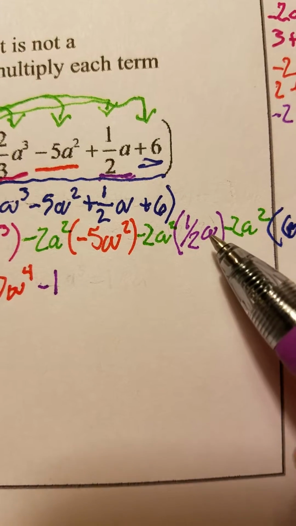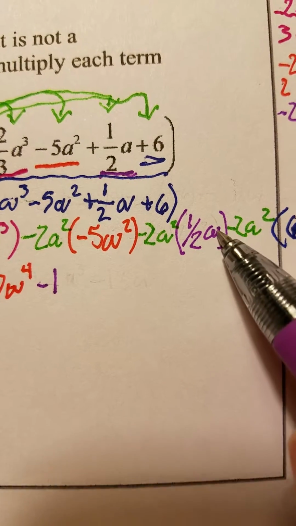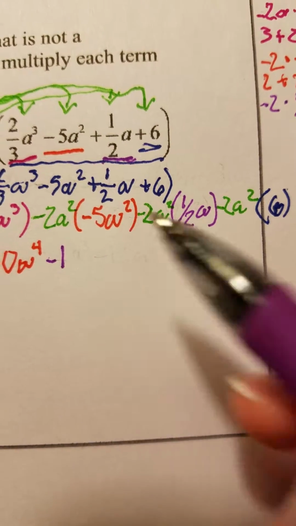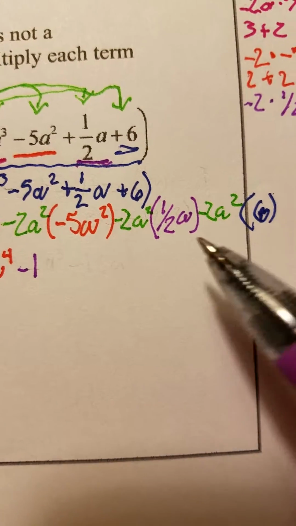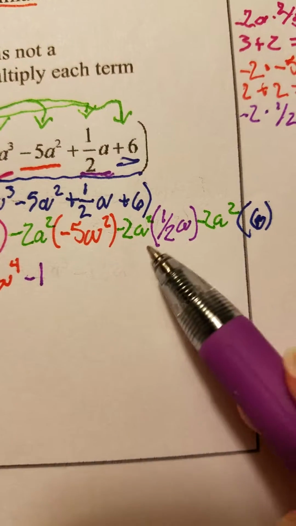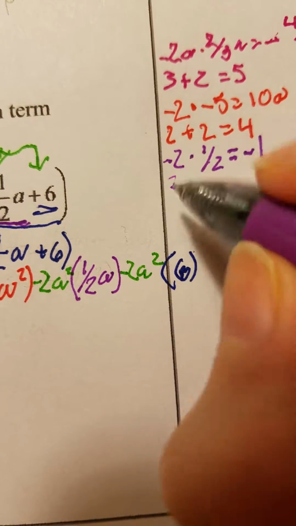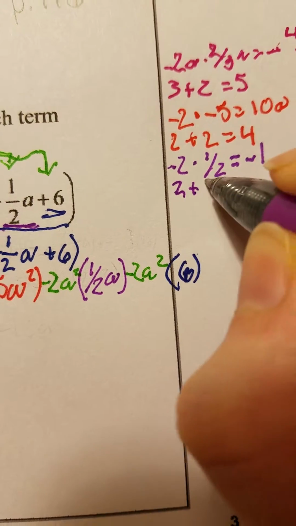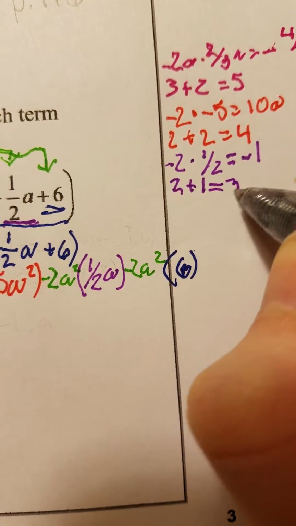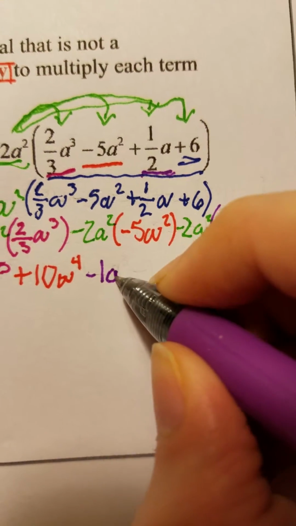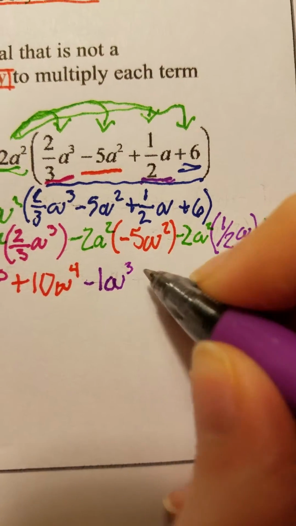Above this a, you have a 1. It's just invisible. Just like when you write your variable, you usually don't write that 1, but we're doing it anyway for the purposes of this lesson. So when you add your exponents, 2 plus 1 equals 3. Therefore the exponent for your variable here is 3.